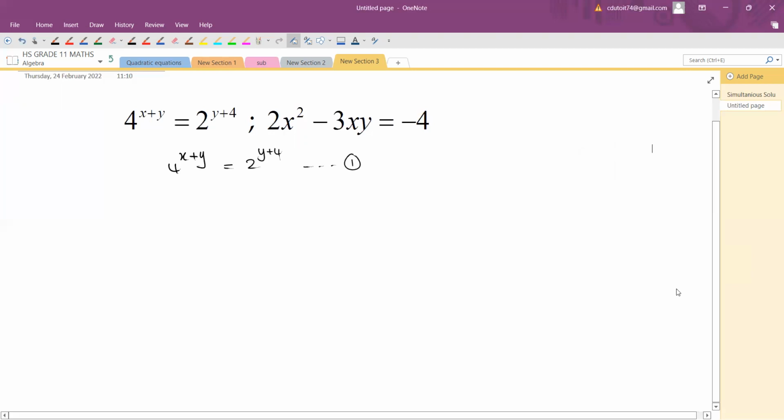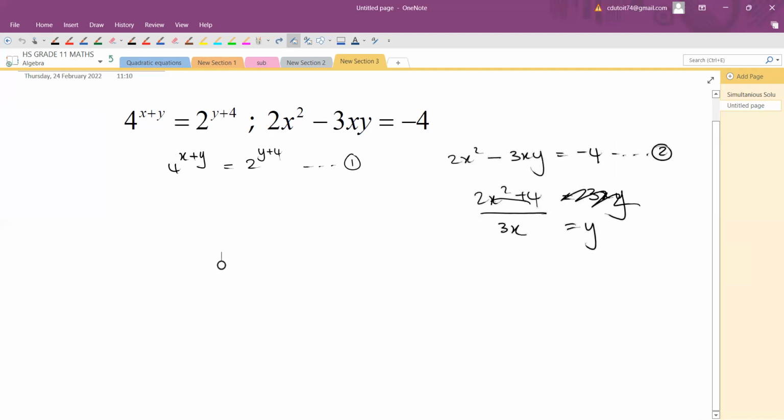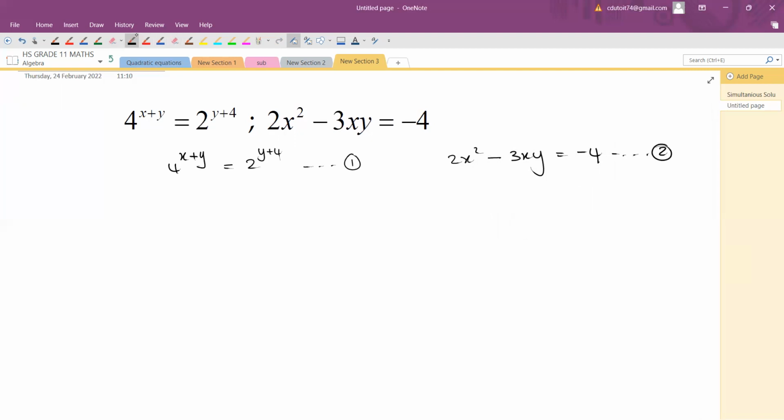Look at the first equation. That's actually an exponential equation, isn't it? So that's 2 to the power of 2x plus y equals 2 to the power of y plus 4.